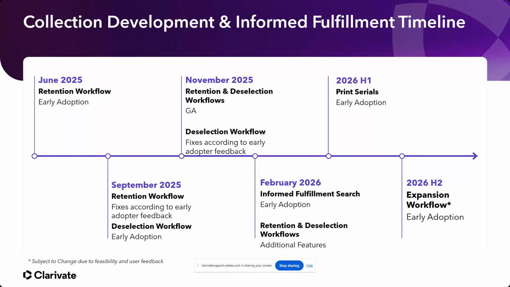It's not going to be at the same level, I think, as we have with the books, because the data is not as clear, right, with the division between the items and the titles. But the idea here is to start providing you with processes also to clear away print serials, which take a lot of shelf space. So this is our roadmap.